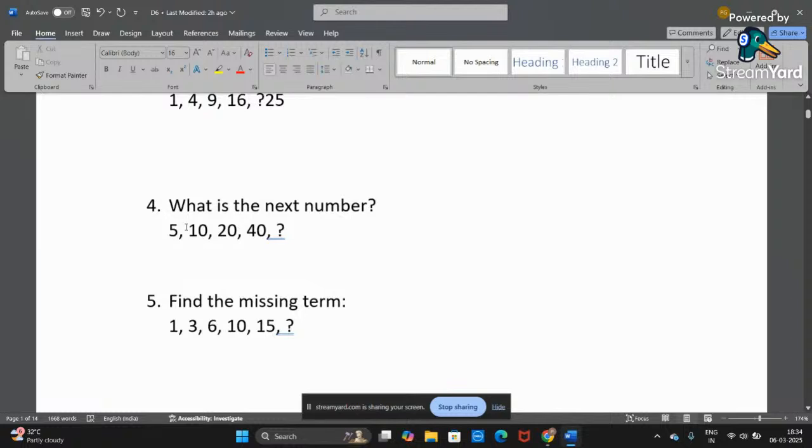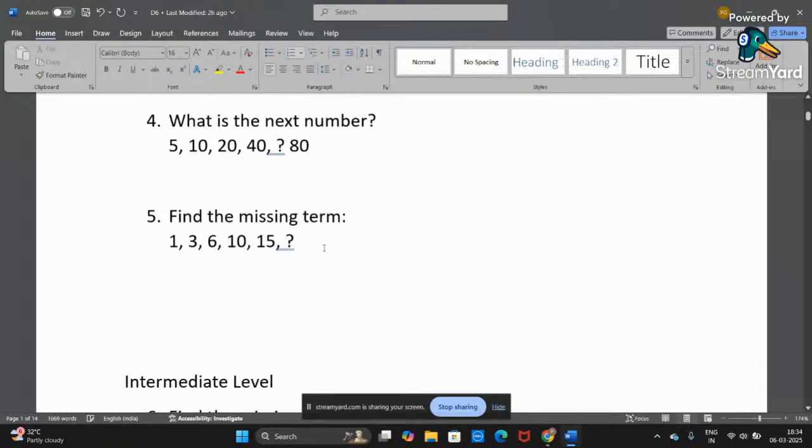See, it is a multiple of 2. 5 twos are 10, 10 twos are 20, 20 twos are 40. So 40 twos are 80. 80 is the correct answer. Yes. So find the answer for the fifth one.